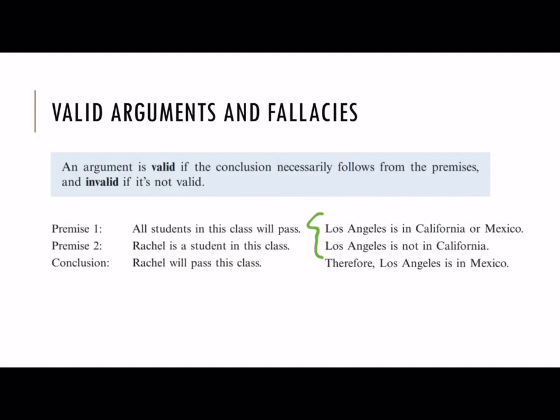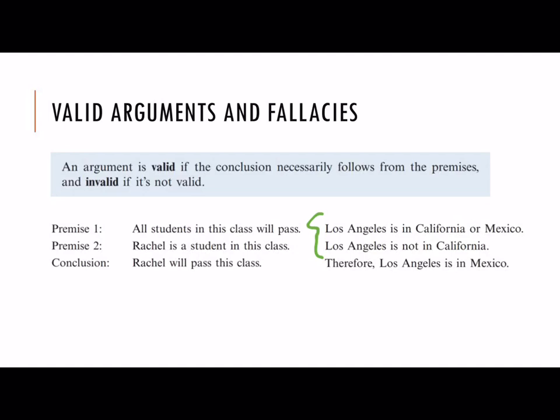The second premise is telling me that it's not in the first place, not in California. So therefore, if I believe that it's in one of those two places and it's not in California, the only thing I can conclude then is that it is in Mexico. Right? So that is also valid. If you believe those first two premises, you would have to accept the conclusion.